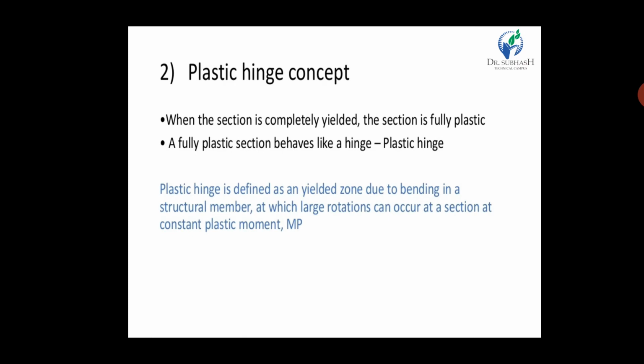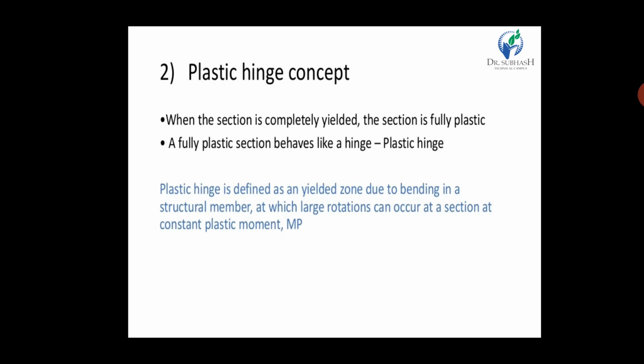Now, what is the plastic hinge concept? When the section is completely yielded, the section is fully plastic. So when we completely achieve the yield stress, automatically our section is fully plastic. So a fully plastic section behaves like a hinge, or plastic hinge.